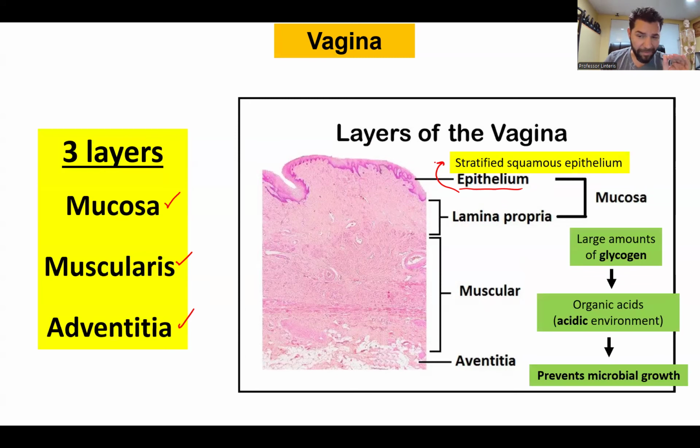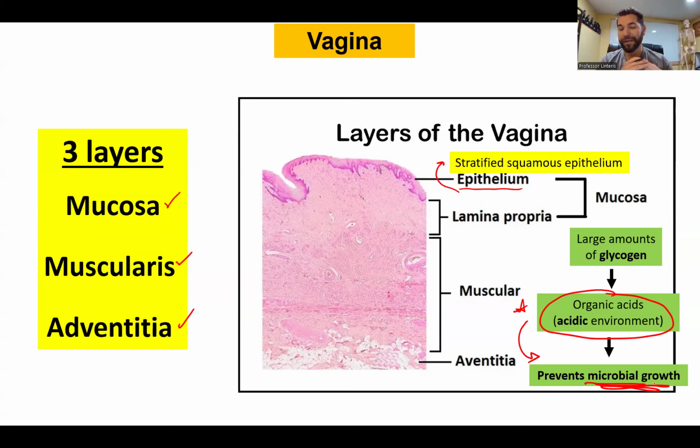And another very, very important component is that the vagina produces organic acids. So the environment in general is acidic, and this is to help prevent bacteria and microbial growth because you don't want that, right?